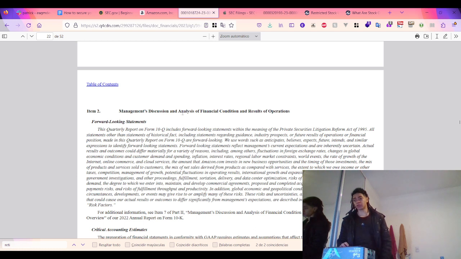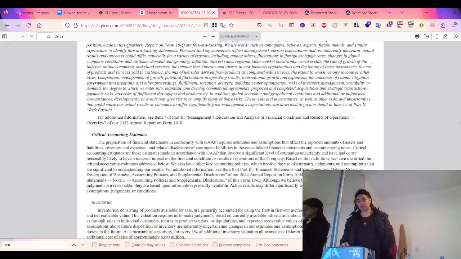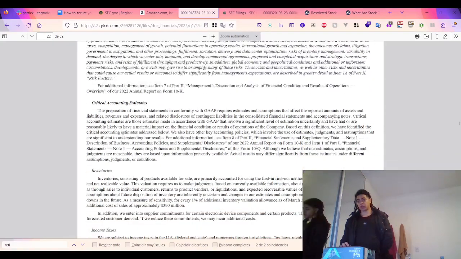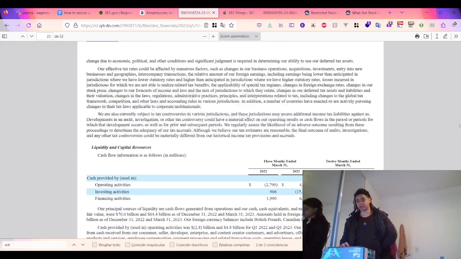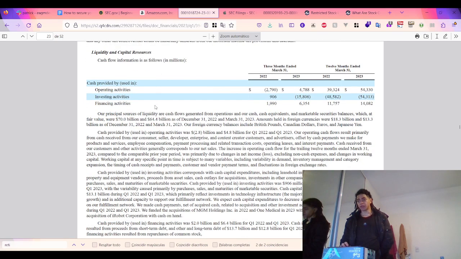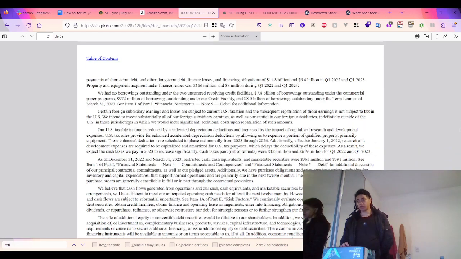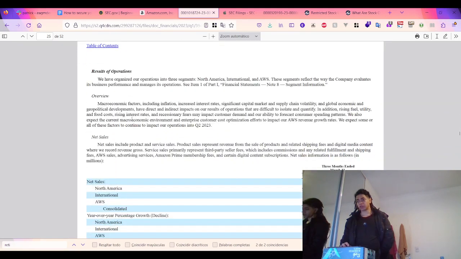So here what we have is the management discussion and analysis of financial conditions and results of operations. That is describing forward-looking statements, critical accounting estimates, inventory, income taxes, liquidity and capital resources from operating, investing and financing activities. This is from Amazon, all of this information. Results of operations.